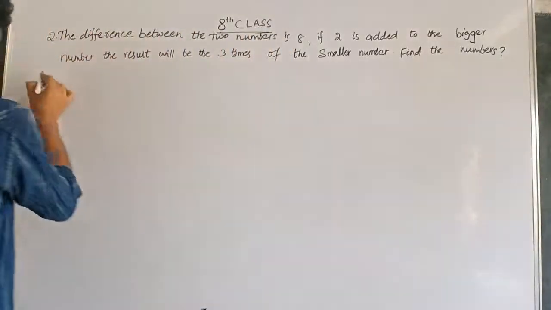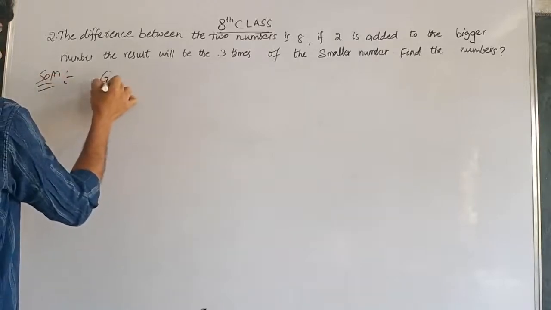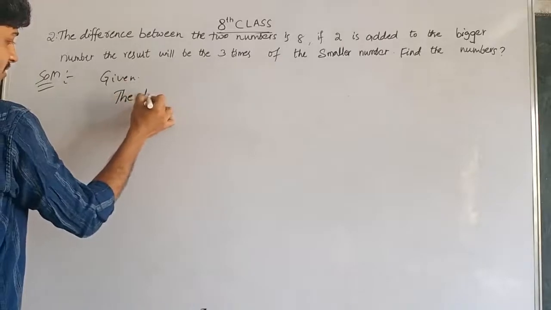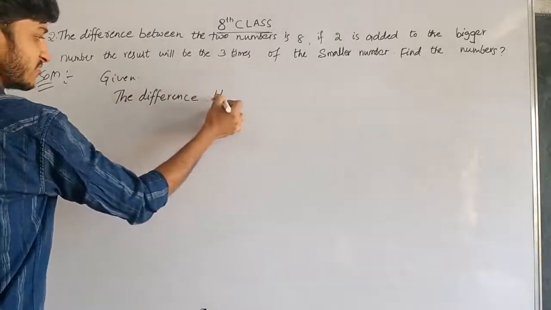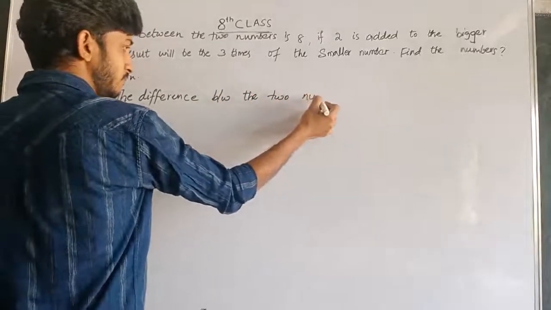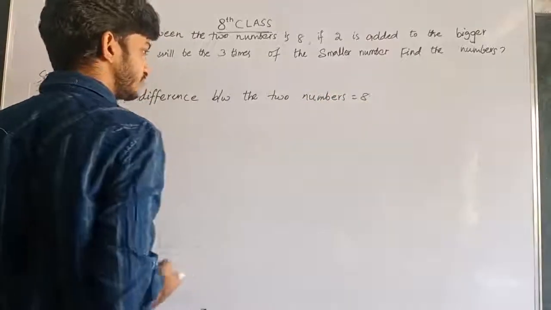First of all, I am writing what is given in the question. Solution: the difference between the two numbers is given. What is the difference between the two numbers? 8.